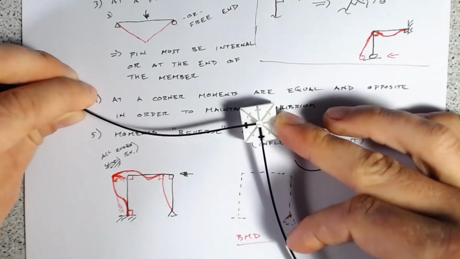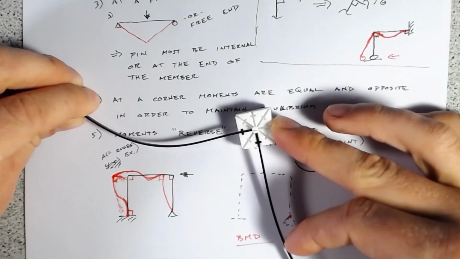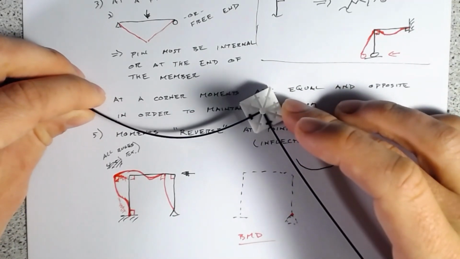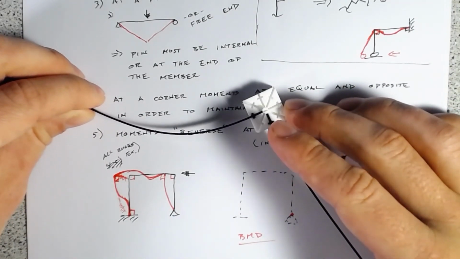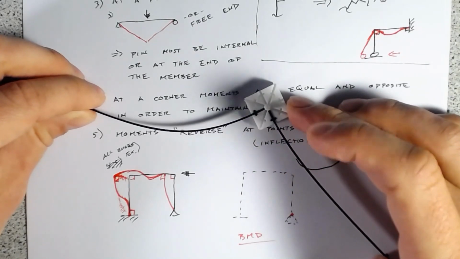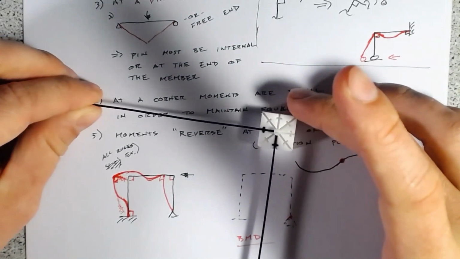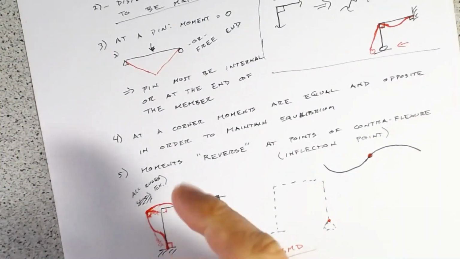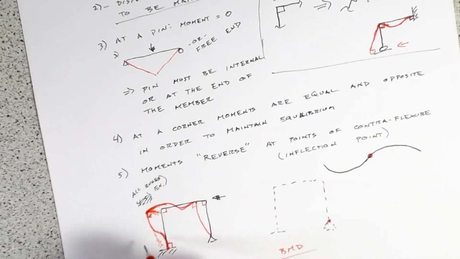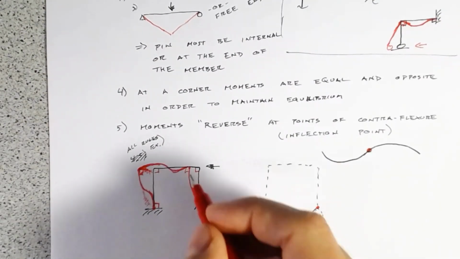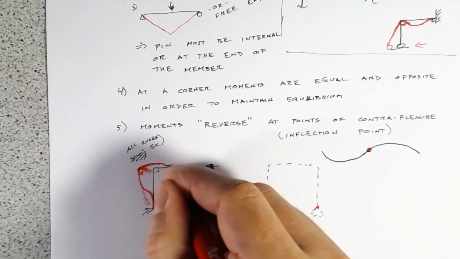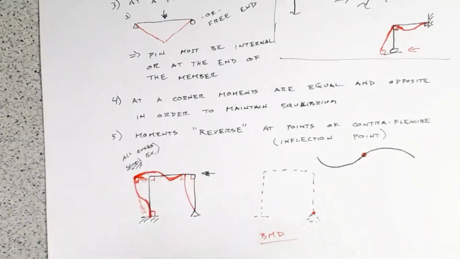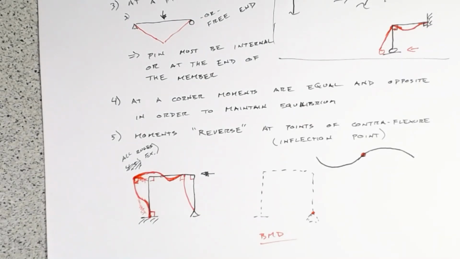You can see it wants to curve down. And that's all because it's trying to maintain that 90 degrees. So this way it's curving down. Go the other way, it's going to curve up. So that's why we'll curve up over on the left and curve down, and then we've got some point of contraflexure.